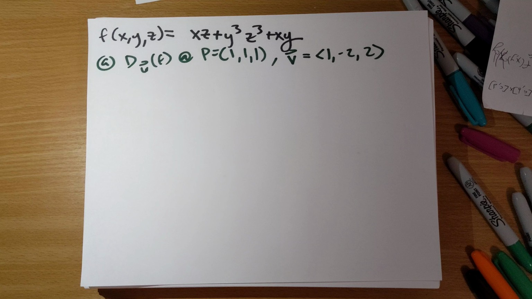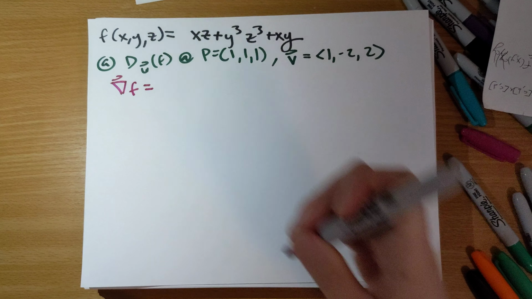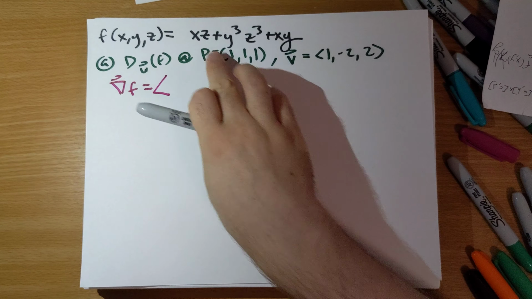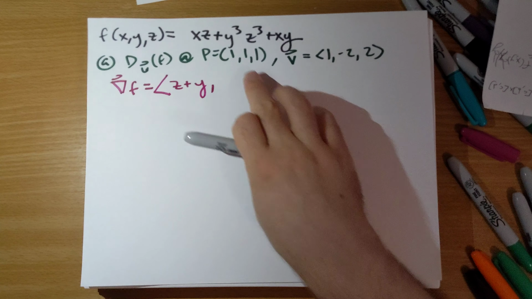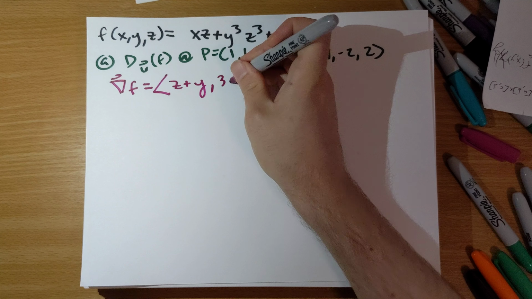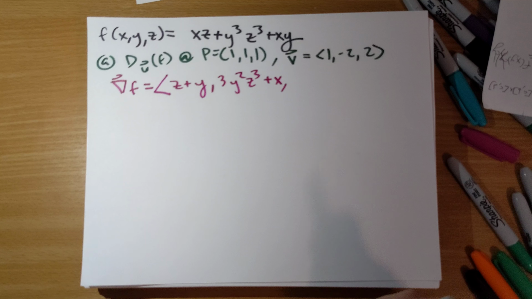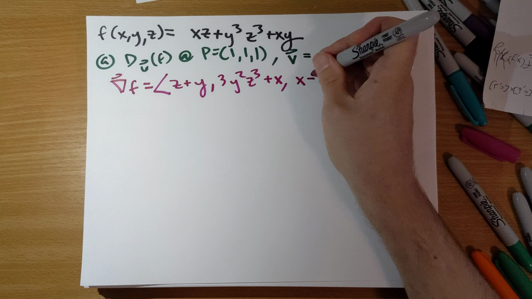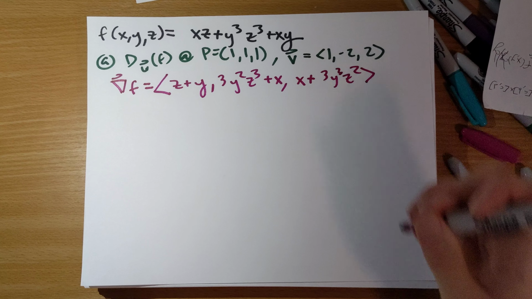One thing is, we know we're going to need the gradient. The gradient of f is going to be: the x partial derivative here is z plus y, the y partial derivative is 3y squared z cubed plus x, and the z partial derivative is x plus 3y cubed z squared.